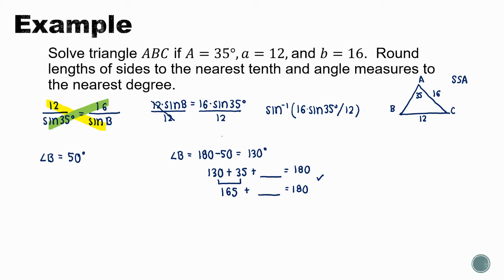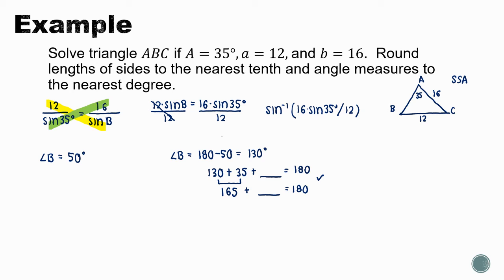We have a triangle where angle B could be 50 degrees, but we also have it where angle B could be 130 degrees. So that means that not only do we have two triangles, we have to find the measure of angle B, the measure of angle C, and the side of C twice.